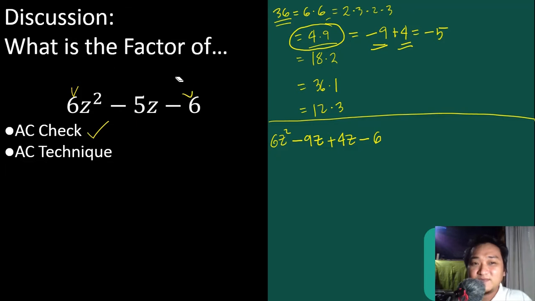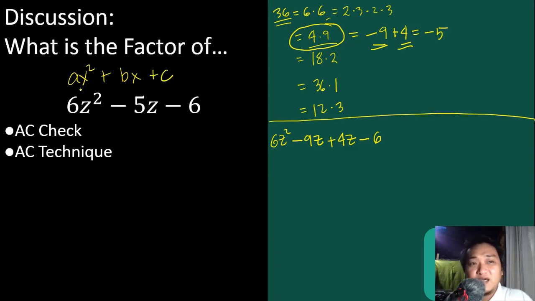Okay? Now, for those asking why it is called the AC technique: it's because this trinomial is written in general form. The general form of this trinomial is ax squared plus bx plus c.